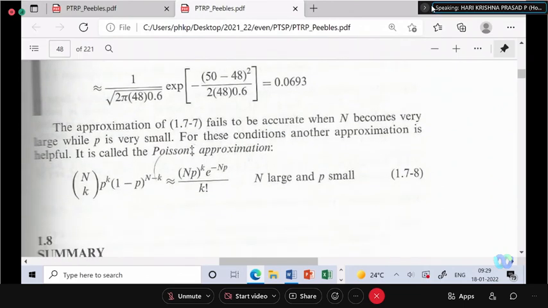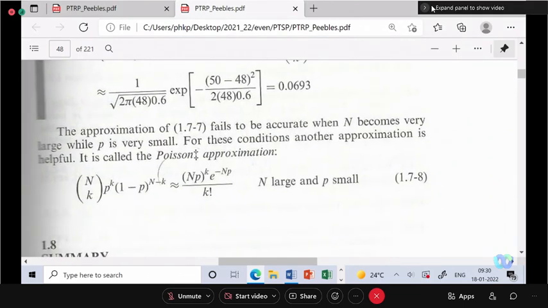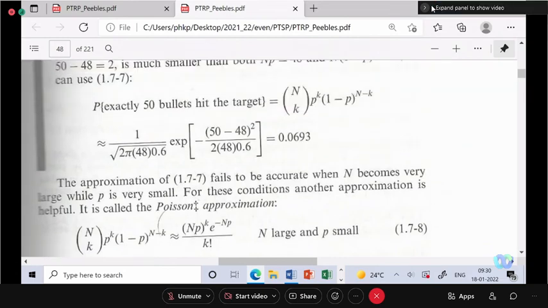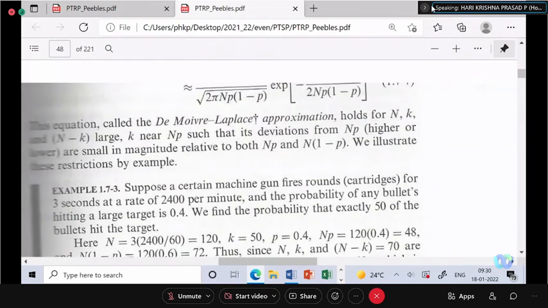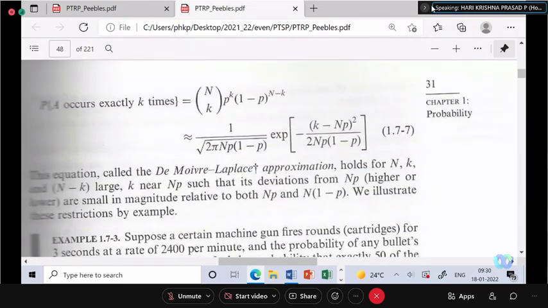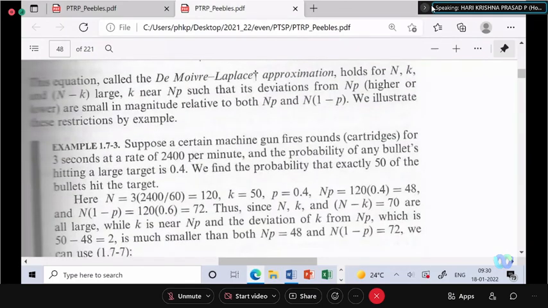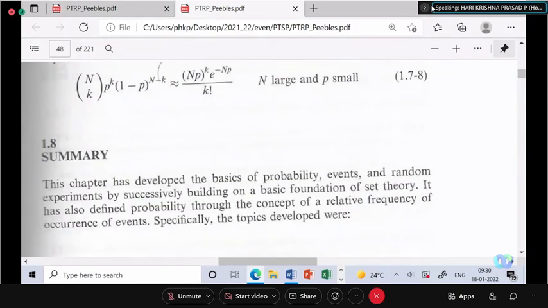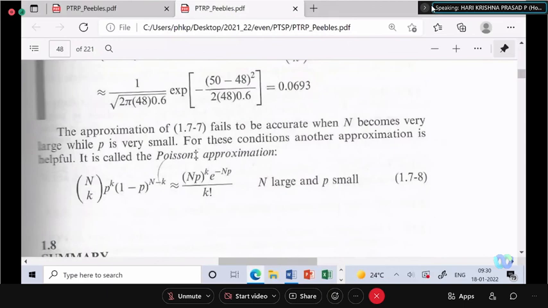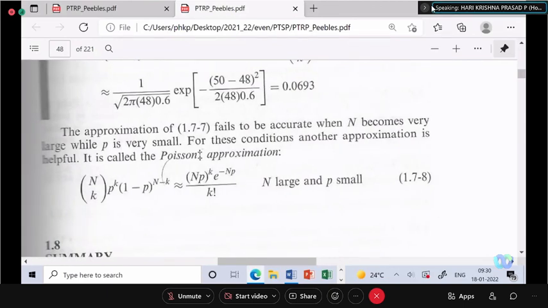The next statement is the approximation of 1.77. What is that? De Moivre Laplace approximation. What happens to that? It fails to be accurate when n becomes very large while p is very small.